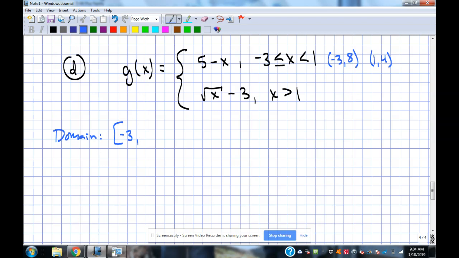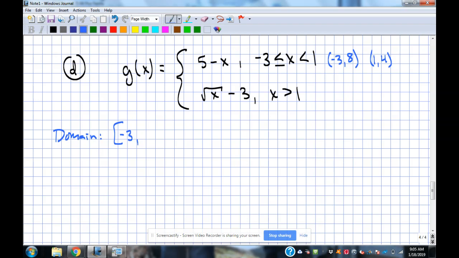1, because that first domain goes up to 1. Is 1 used in part A? No. So we're thinking there may be a 1 parenthesis right here. But when we look at part B, is 1 used? No, it doesn't have an equal to mark there either. So that tells me that 1 has what? An open circle on the graph, right?